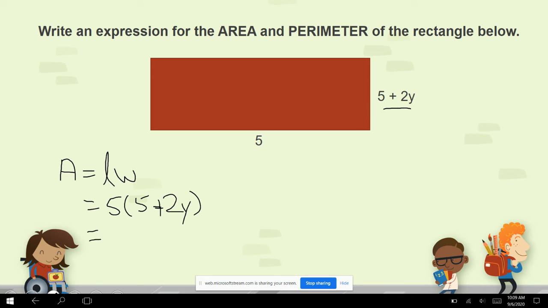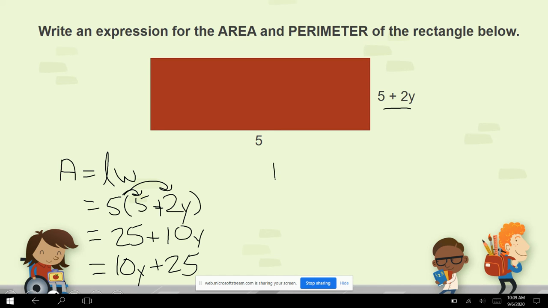And now we can apply our distributive property, and we get 25 plus 10y. It's okay that your number is first, but I would prefer that you write it as 10y plus 25, because that is the proper way you write that expression. That variable does come first.